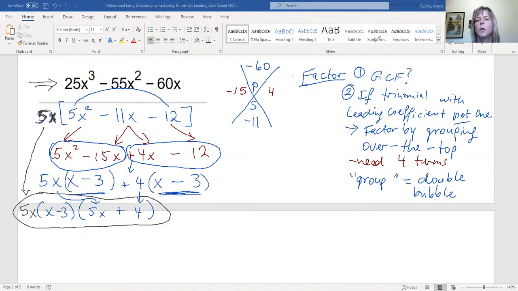So we group, double bubble, and then I kind of want to just say here, you know, these are steps from 6.1, really, isn't it? That's what I just explained: you group them, you pull the GCF from each group, and then you pull the greatest common binomial factor from the two sets right here.